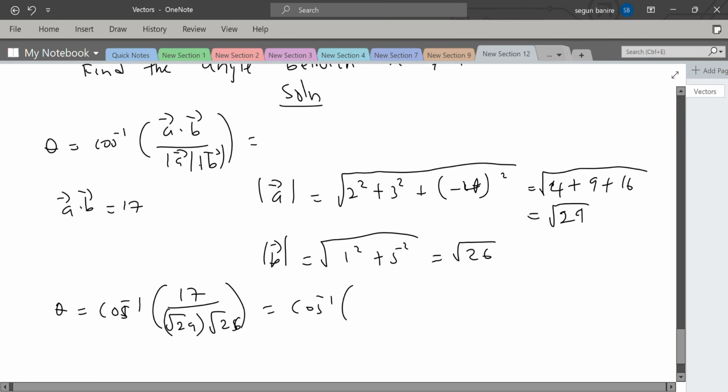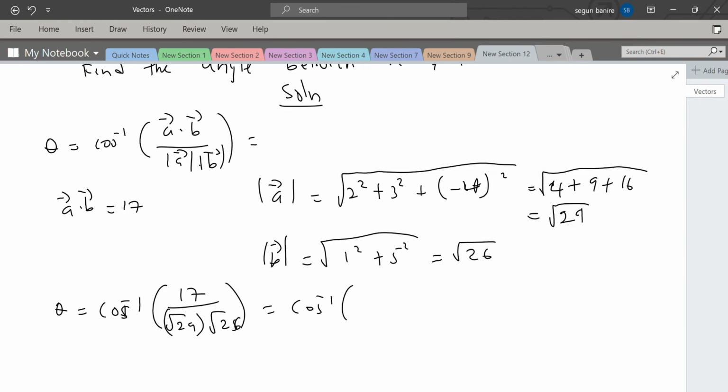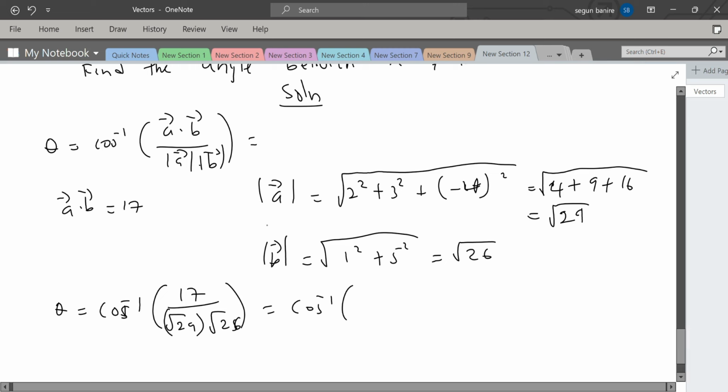If you do the denominator, the square root of 29 times 26, you get 27.46.